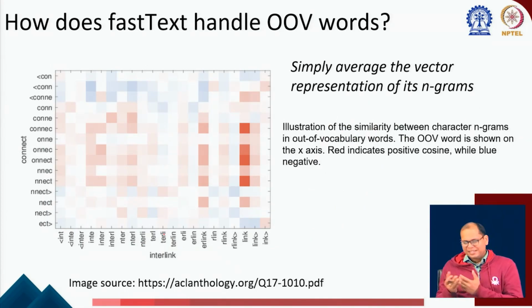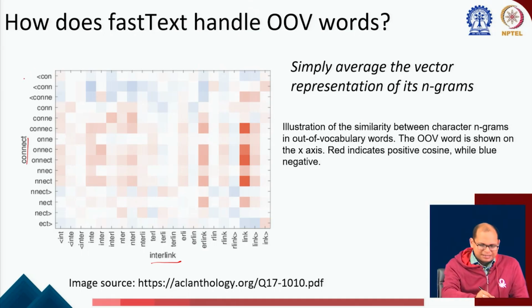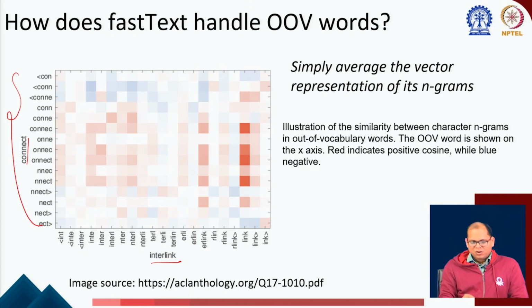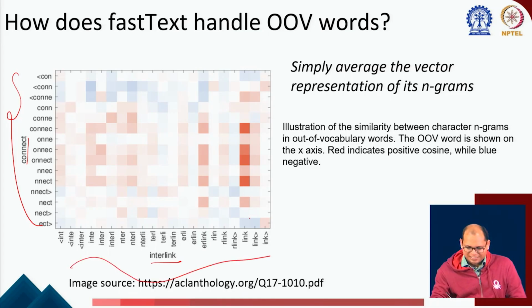Once you learn the embeddings, there were many nice things that they could see. For example, connect versus interlink. You can see which n-grams of connect and interlink are actually similar. Here you are seeing a representation where all the character n-grams of connect are denoted and all the n-grams of interlink are denoted. Of course you can see there is a high similarity with link, and link and connect without a T get a very high similarity.